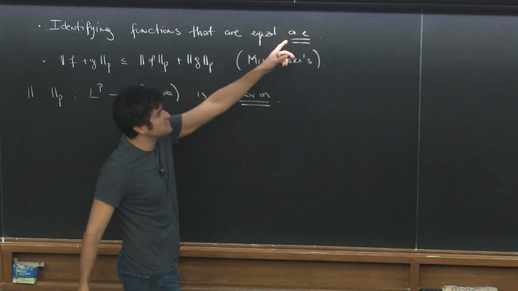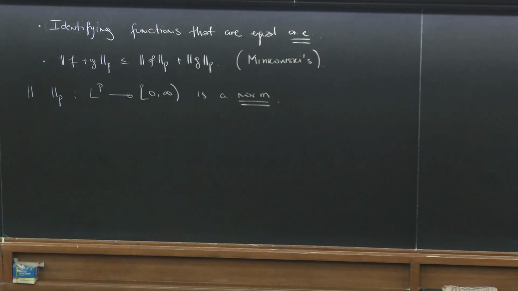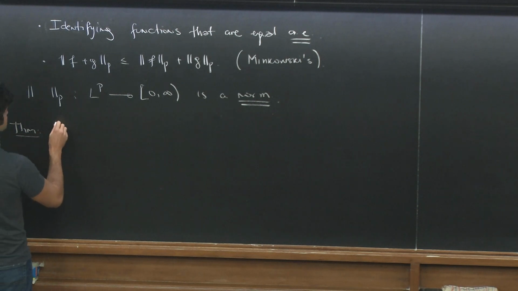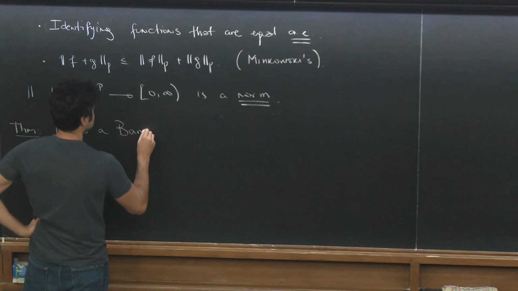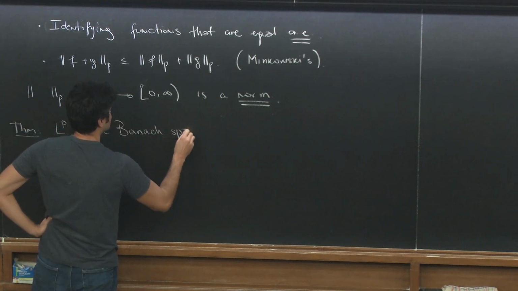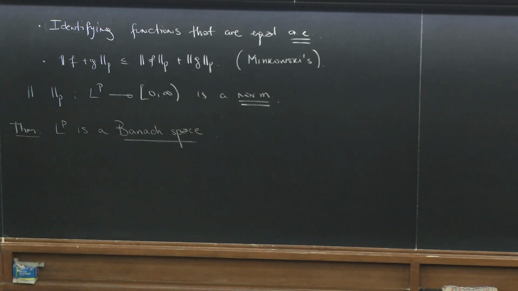You have to make this identification of functions almost everywhere to say that the LP norm of a function is 0 if and only if the function is 0 in this sense. So you have a vector space and a norm, then you have a normed vector space. And the theorem that we ended up proving last class was that LP is a Banach space.